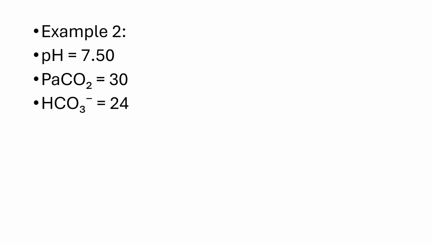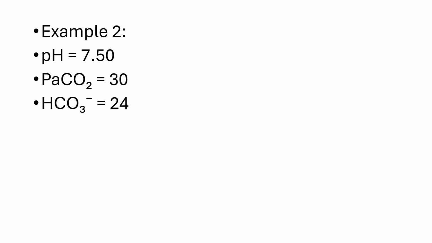All right, example 2. So when we're looking at that pH, it is high. It's above 7.45, so it is alkalotic. The PaCO2 is low, so that's an arrow for the pH going up and an arrow for the PaCO2 going down. Those are opposite. It tells me respiratory right there. I already know it's respiratory alkalosis. And that bicarb, or the HCO3, is normal.